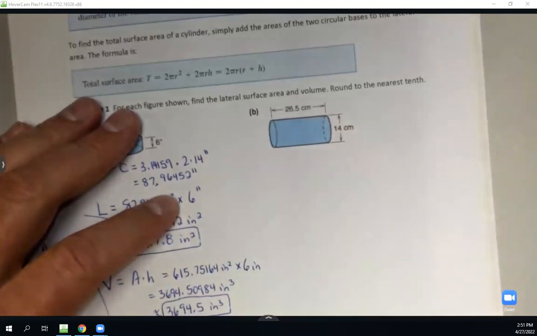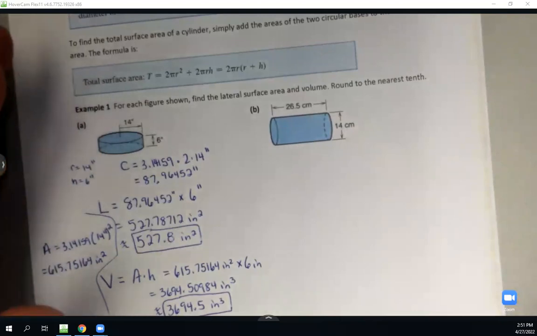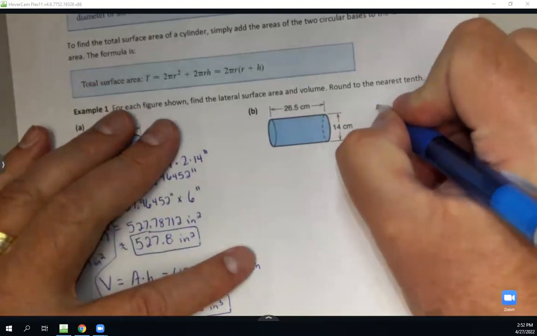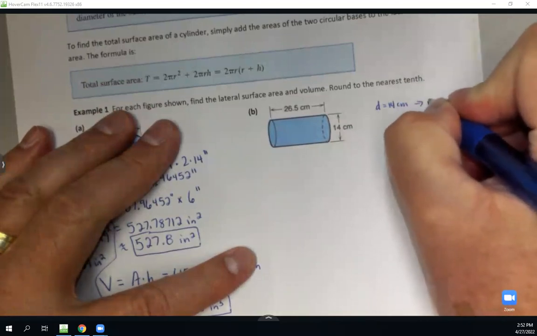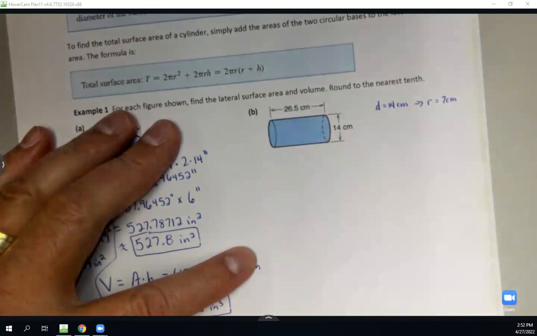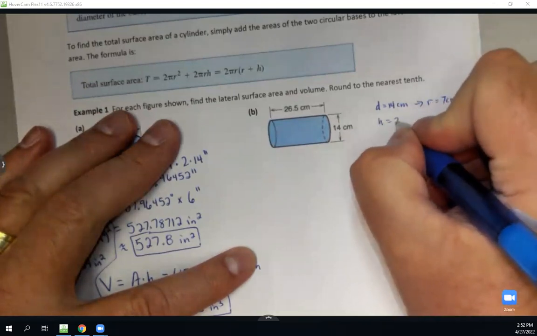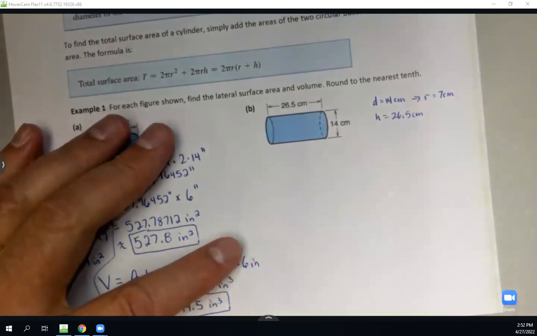Same idea here. Now we have our cylinder, but it's laying on the side. So I know that the diameter is 14 centimeters, which, by the way, means the radius is 7 centimeters. And I know the height is 26.5 centimeters.